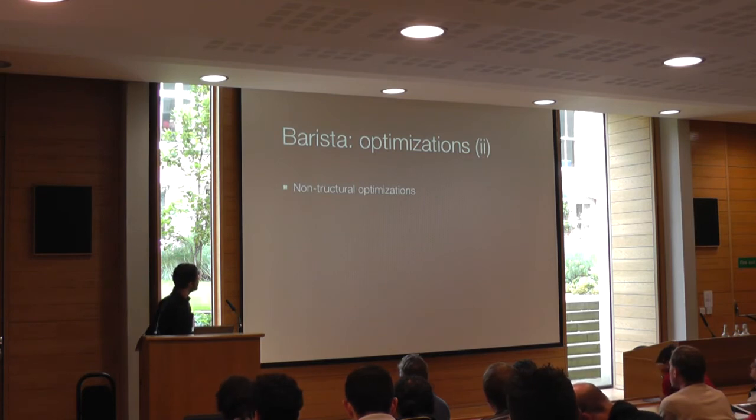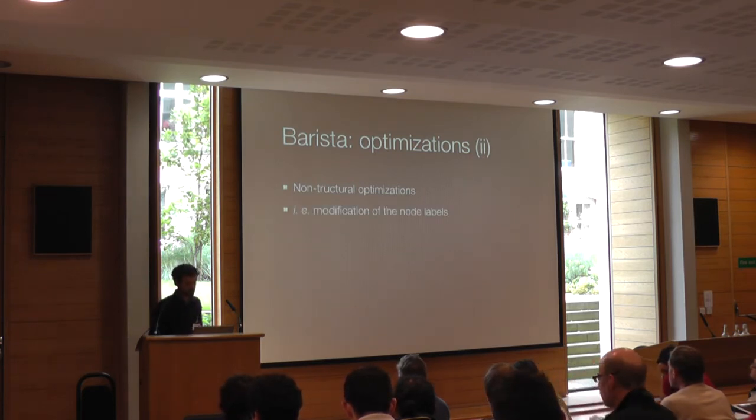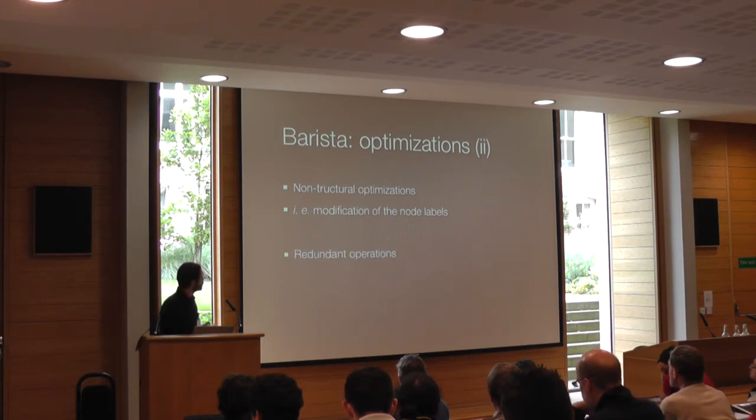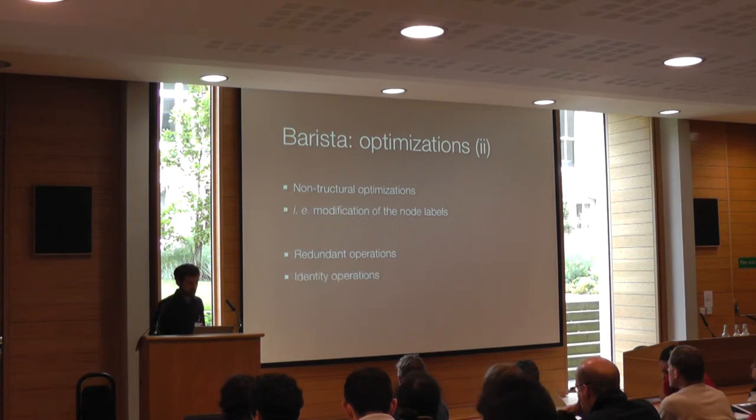And it also permits you to encode optimizations that are only based on modification of the nodes, the so-called non-structural optimizations, which allow you to remove redundant operations, and also to apply some strength reduction.